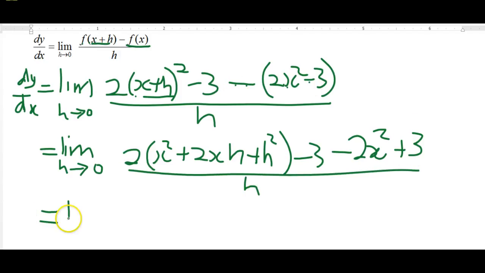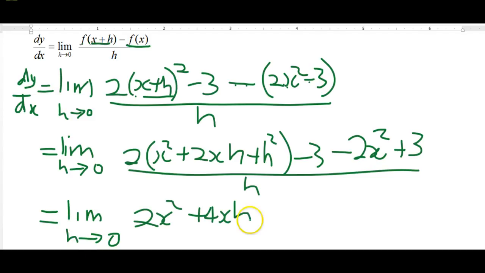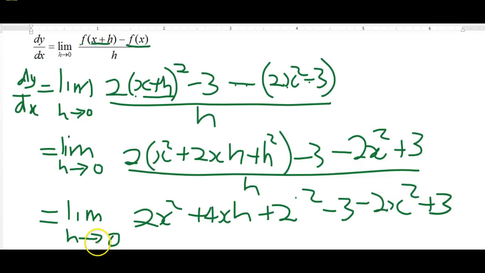So we can now expand. So I repeat my limit. When I expand this, I'm going to have 2x squared plus 4xh plus 2h squared minus 3 minus 2x squared plus 3, all divided by h.